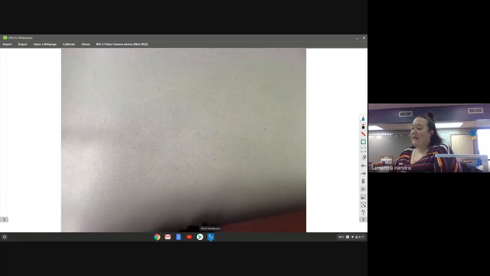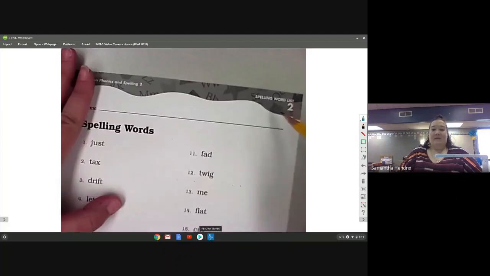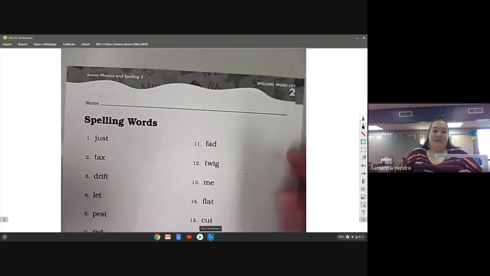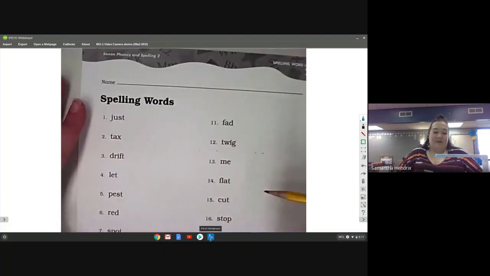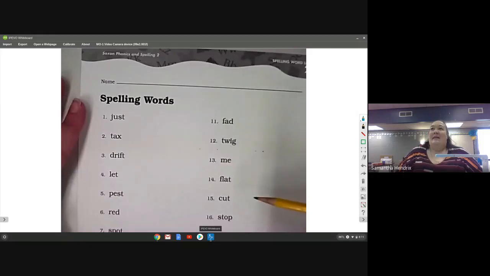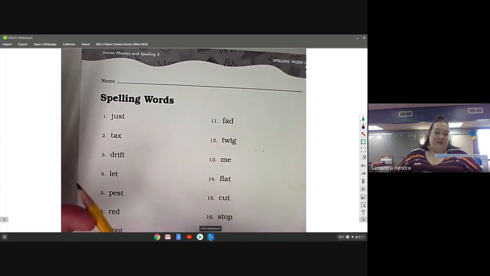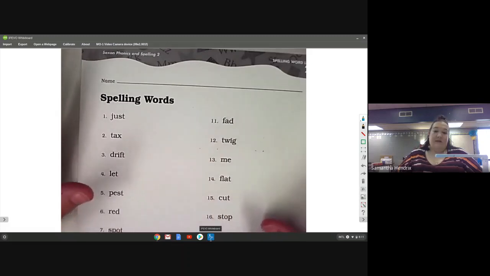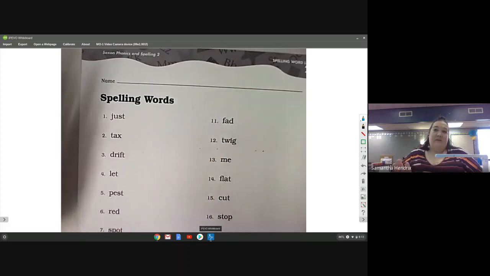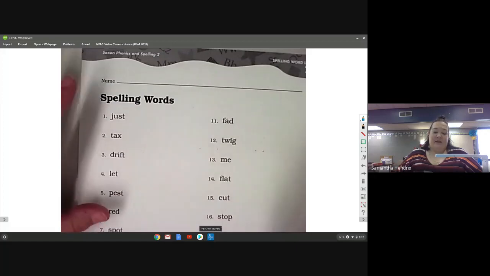So let's look at spelling word list 2. This is what your second test is going to be over. Today is Thursday and we're doing lesson 12. So Friday is lesson 13, Monday 14, Tuesday 15.